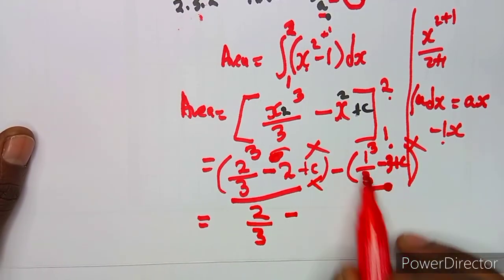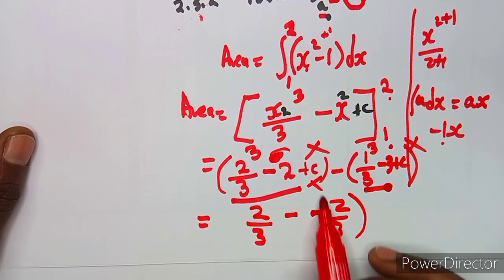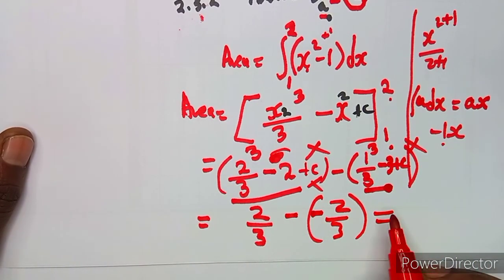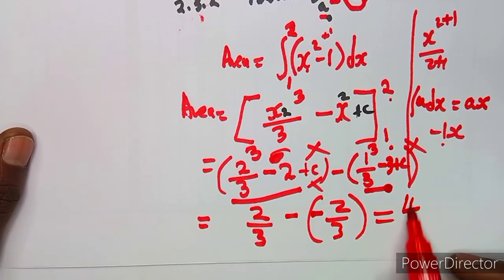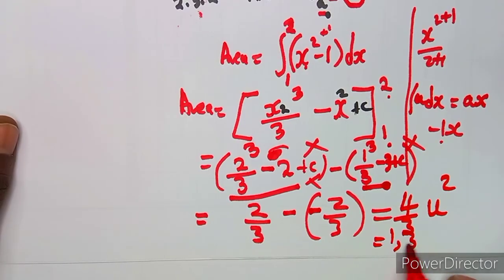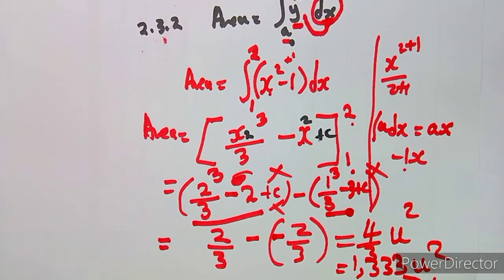Minus here is going to give us minus 2 over 3 on this part. So minus and minus is a plus, so you're going to have 4 over 3 at the end. 4 over 3 square units, or it can be 1.333 square units. So that is going to be the area at the end.